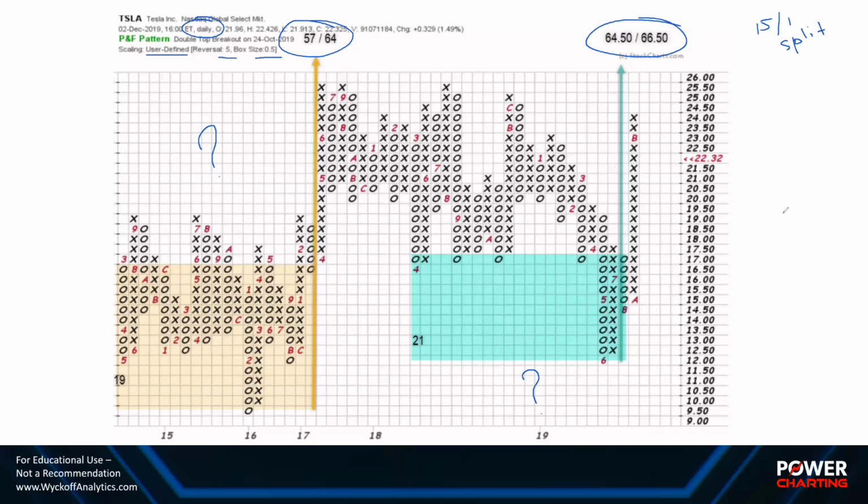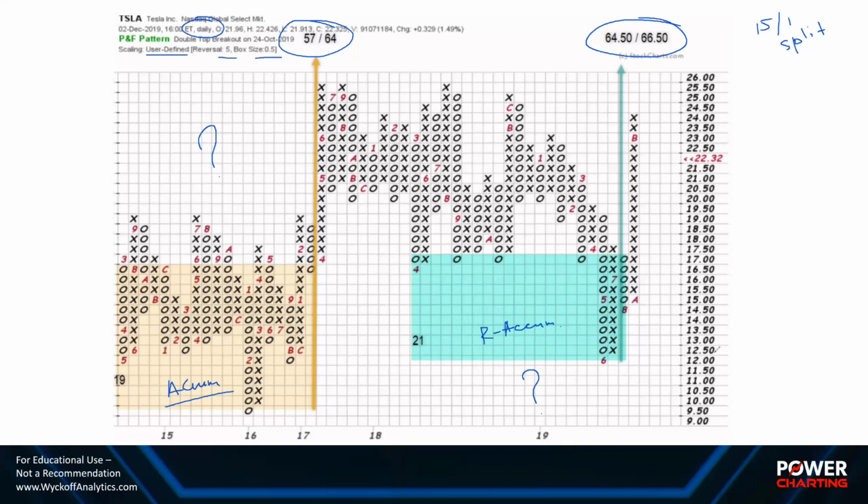Well, I would think of the yellow shaded area as an accumulation structure. Definitely has the look of that. And the area on the right, which is what we just analyzed on the weekly bar chart, has the look of a reaccumulation structure that happens after a rally of sorts, which we just evaluated.